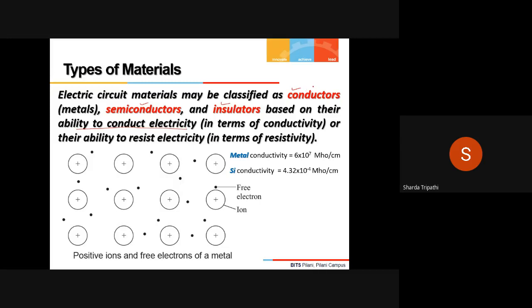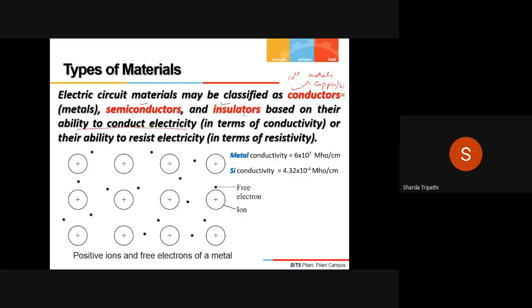In case of conductors, the conductivity is very high or the resistivity is very low. For example, if you talk about metals, good conductor metals are generally copper or maybe silver or sometimes aluminum. These elements have a very high value of conductivity, sometimes on the order of 10 to the power 8 free electron density.